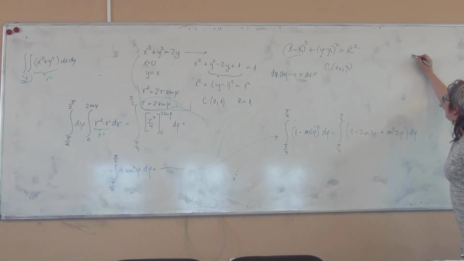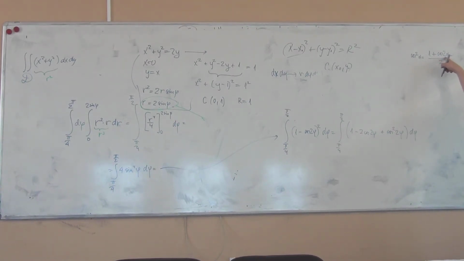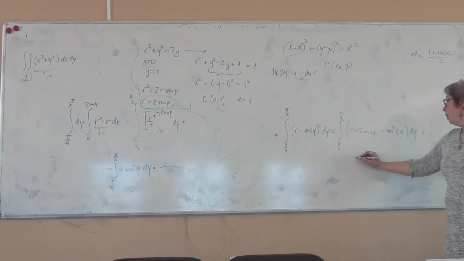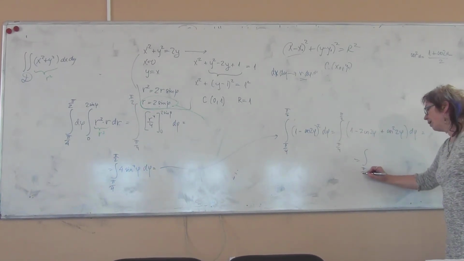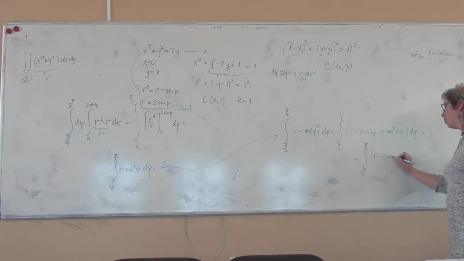So remember, I just had it on the board. Cosine squared of any angle is 1 plus cosine of the corresponding double angle over 2. So now this will become 4 phi from the formula. 1 minus 2 cosine of 2 phi.